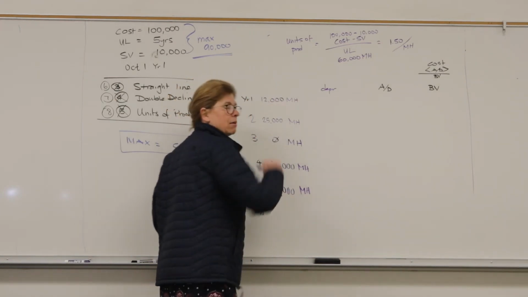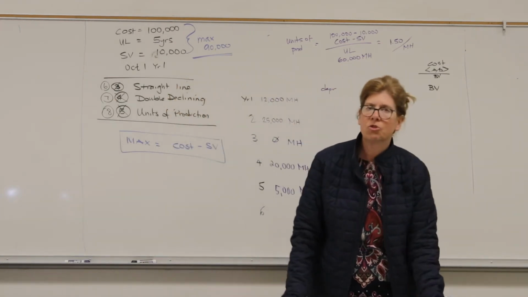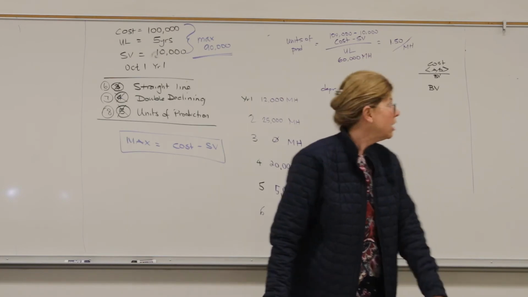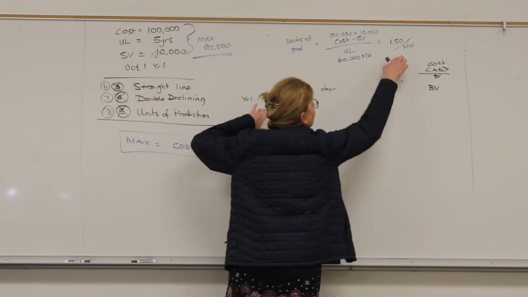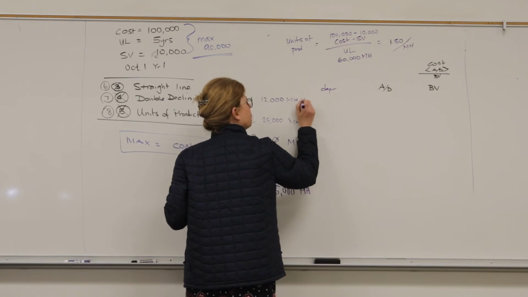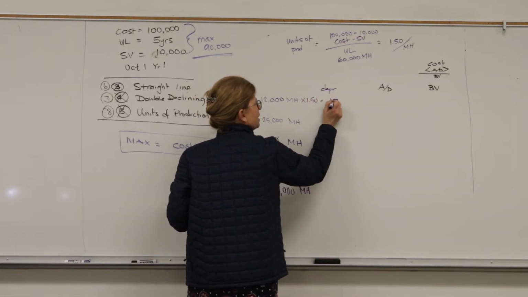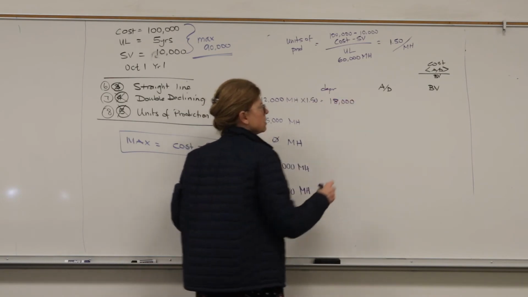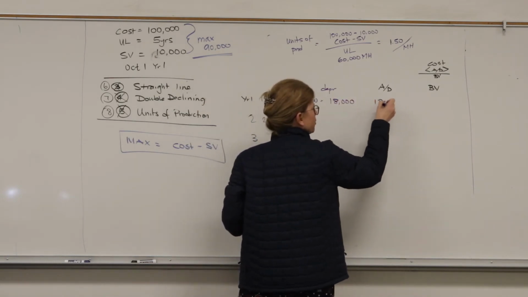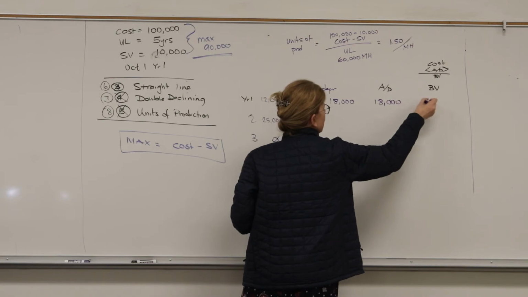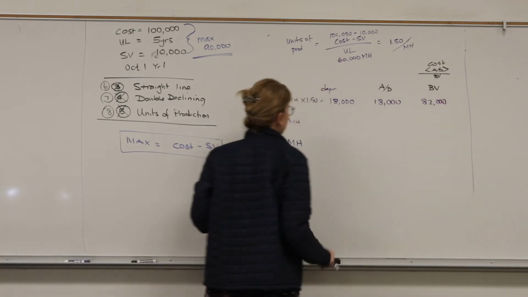So somehow, I used the daylights out of this machine in October, November, and December, and I got 12,000 machine hours out of it. At $1.50 a machine hour, we're going to come up with $18,000. My accumulated depreciation is $18,000, giving me book value $82,000.